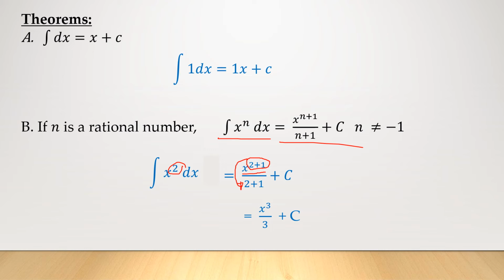So, that is 2 plus 1, n plus c. Then, let us simplify it. So, x cubed all over 3 plus c. So, that is our answer for this integration.